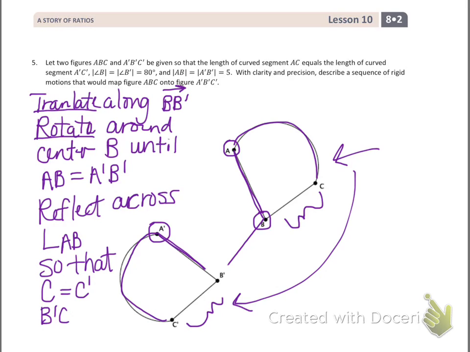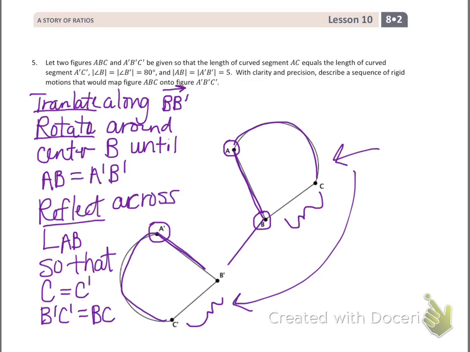And the lengths are the same, so the curved segments will coincide. Therefore, my translation, rotation, and reflection mapped figure ABC onto A prime, B prime, C prime.